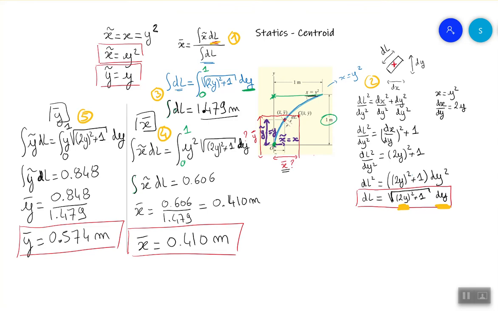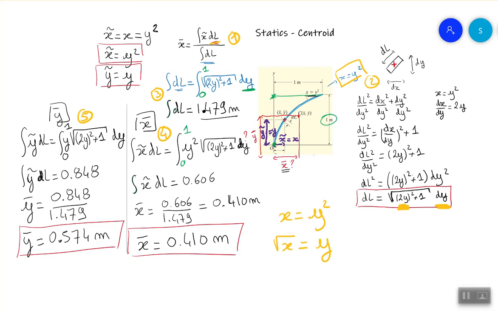Sometimes you have to rewrite the function. Here we have x equal y square. But we could have used the fact that the square root of x is equal to y if we had used dx instead of dy. So we can sometimes play with the function. We need to take the inverse of the function.